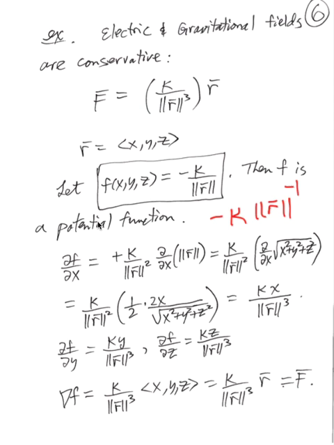The negative 1 here would multiply the negative k, yielding the plus k, and then you'd subtract 1 from the exponent, and that would be the minus 2 power, which I put downstairs like that. And then don't forget, with the chain rule, you'd have to multiply by the derivative of the inner function. That would be the partial derivative of the magnitude of r with respect to x. Alrighty, so that's how that's coming out.